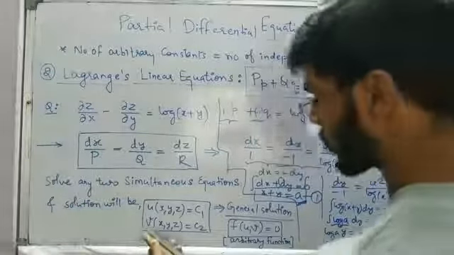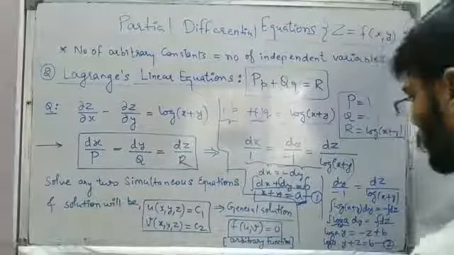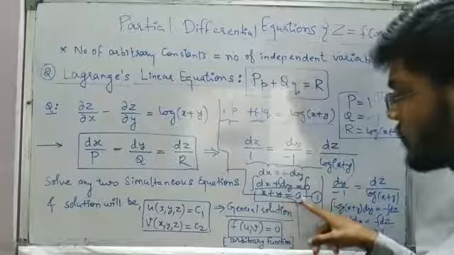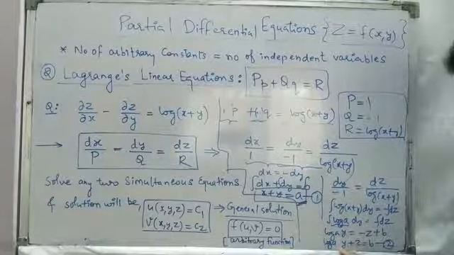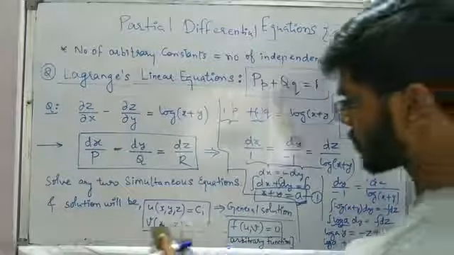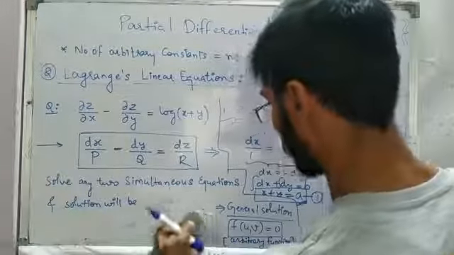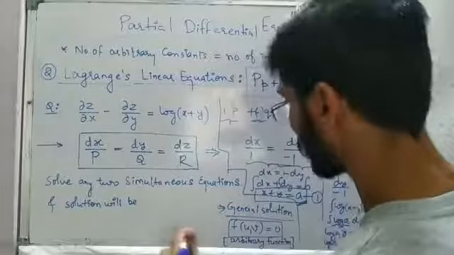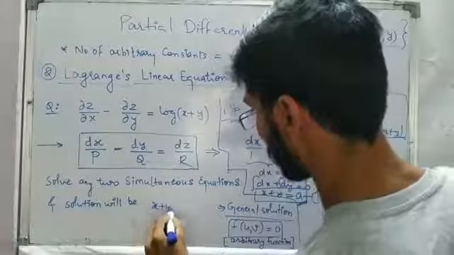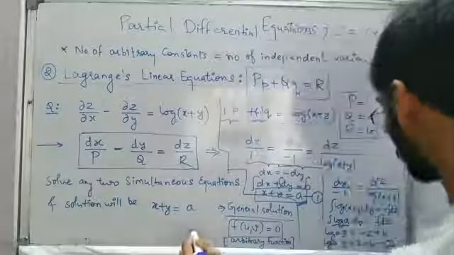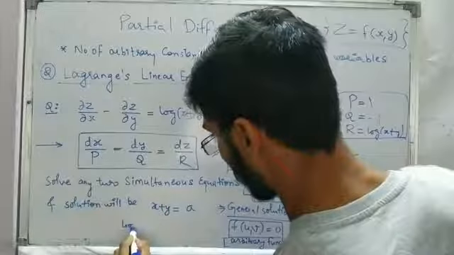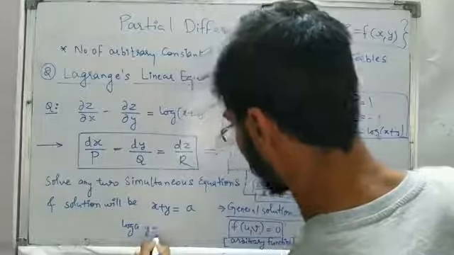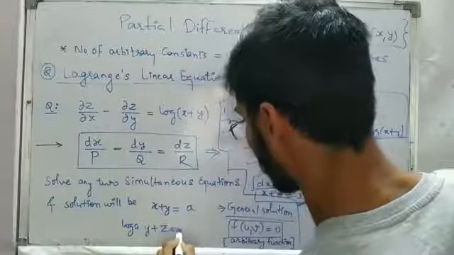So we have equations in the form of u of x, y, z as c1, where c1 is nothing but a, and v of x, y, z is equal to c2. If we write both the equations together, we have the general solution. As I said, we are going to get only two arbitrary constants, so we have a and b with us: log a into y plus z is equal to b.